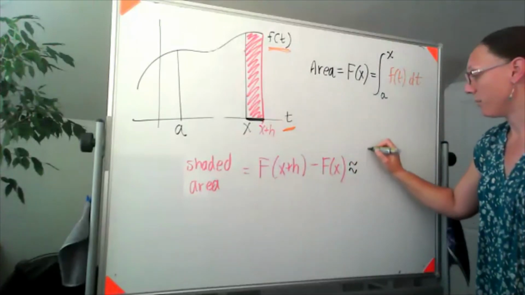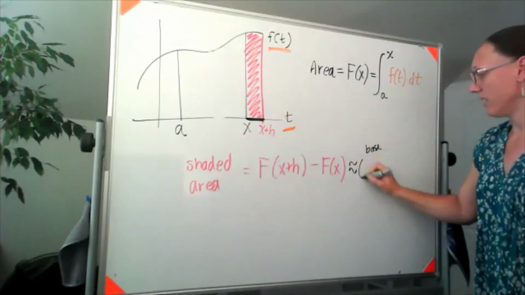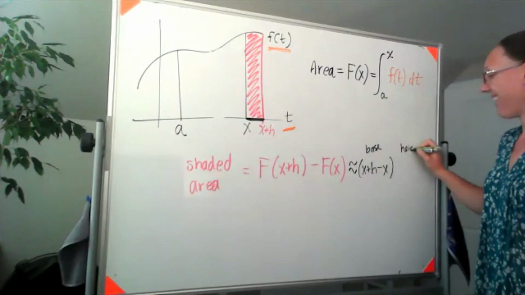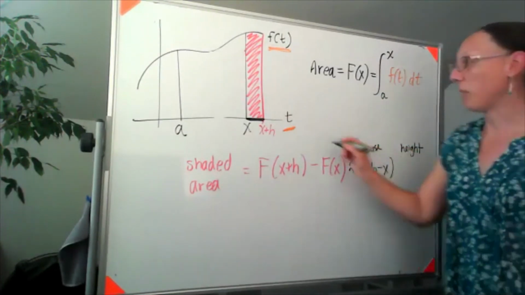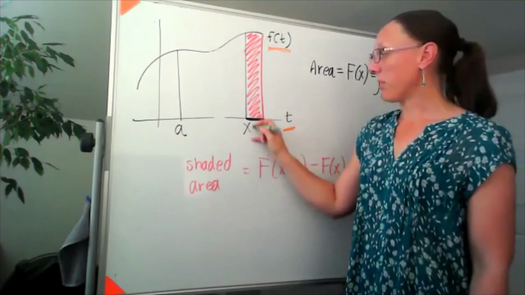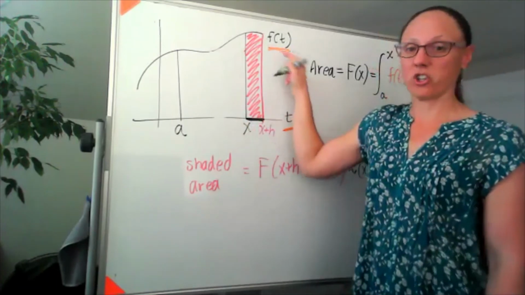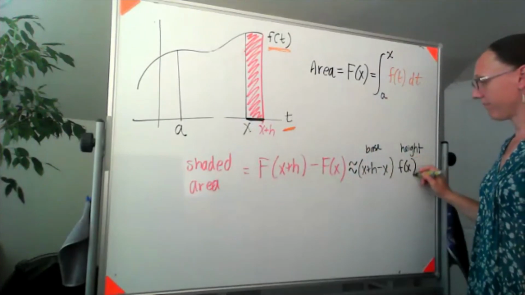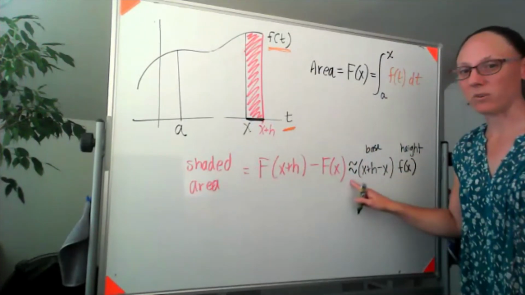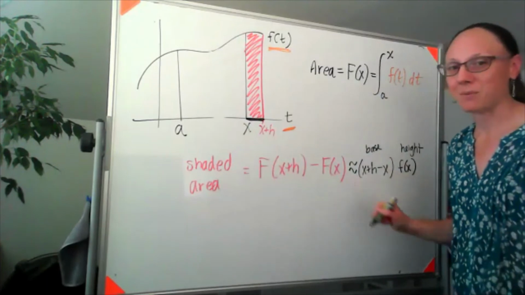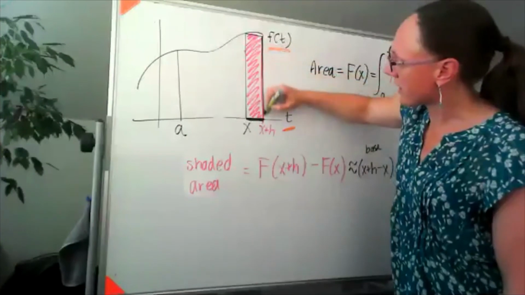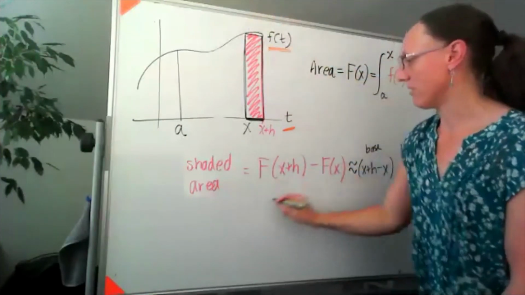So the base was x plus h minus x, and the height I would get by plugging x into our function. So they're not totally equal, but they're approximately equal. The shaded region versus this rectangle.